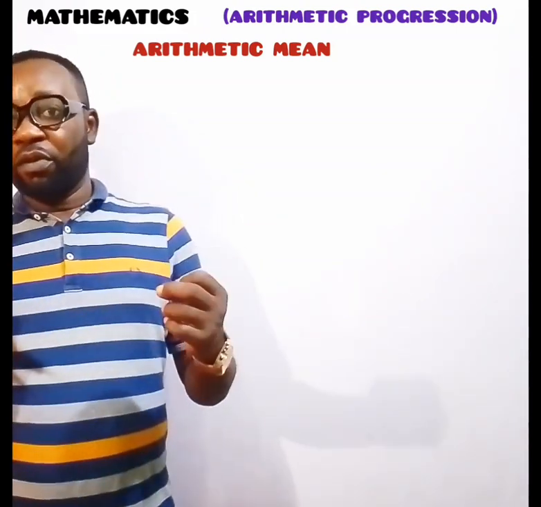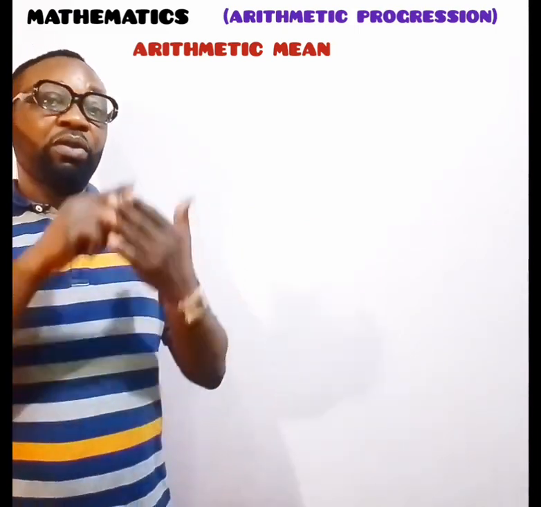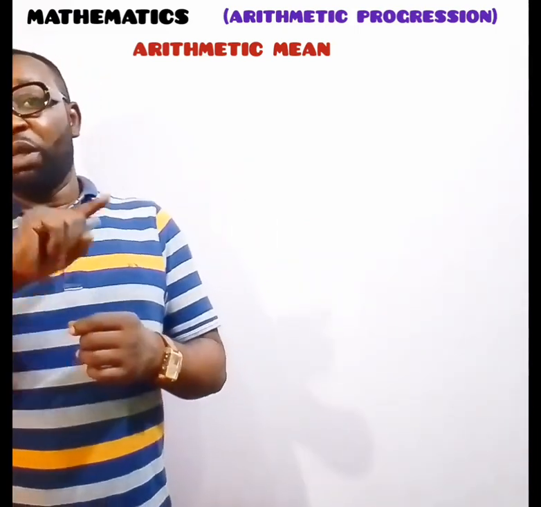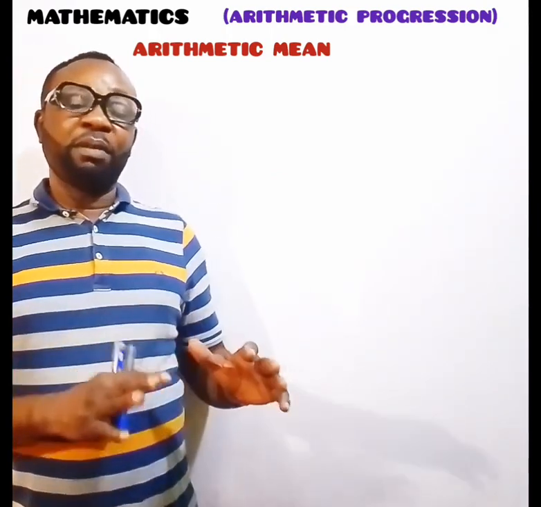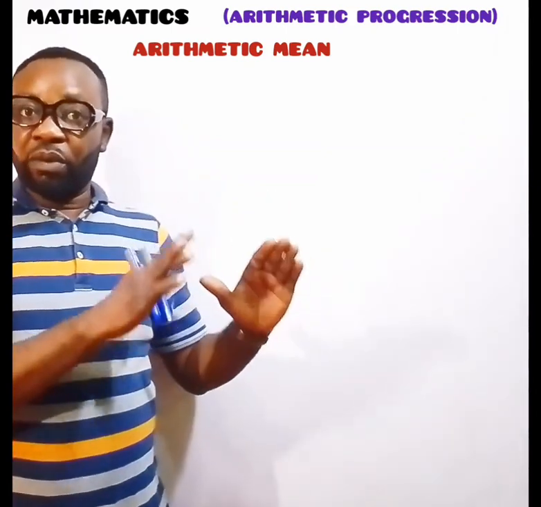If you have 10 values and the summation of everything gives us 100, we just say 100, which is the summation, divided by the number of those values, which is 10. We are going to get the arithmetic mean.